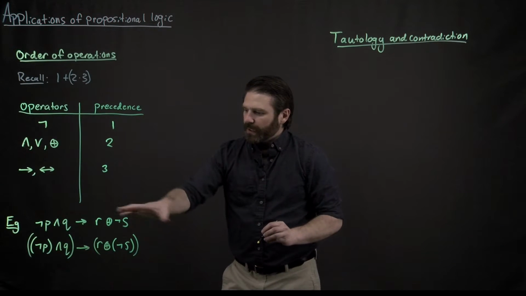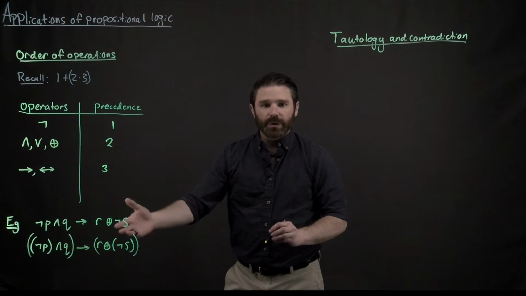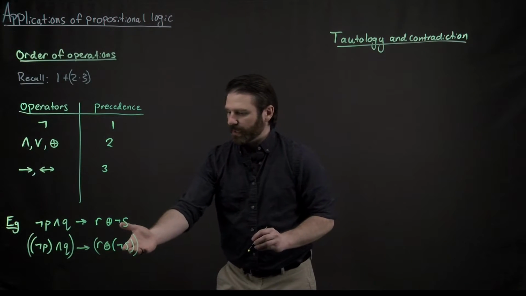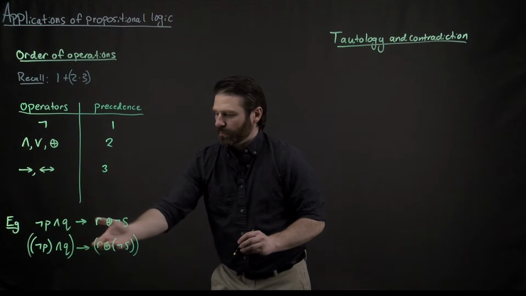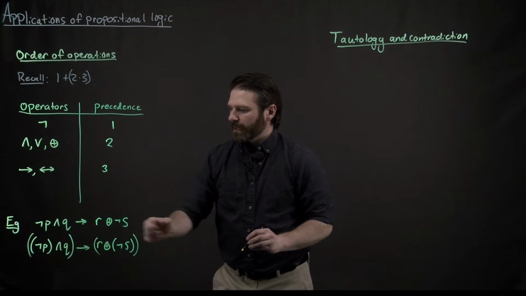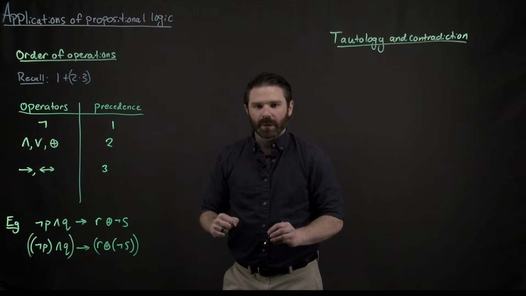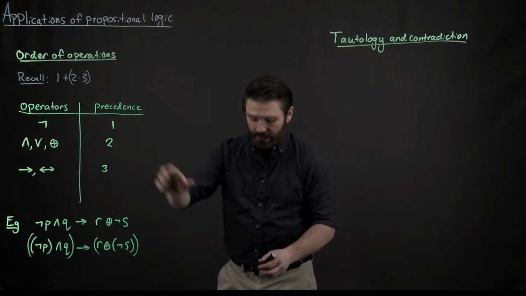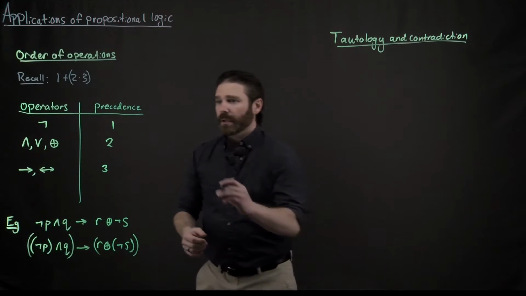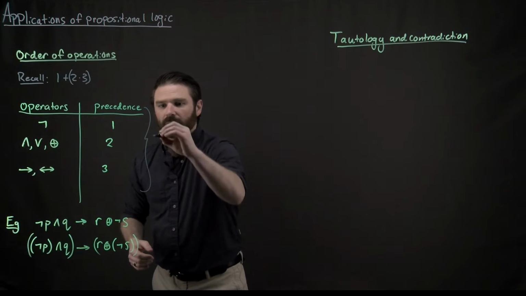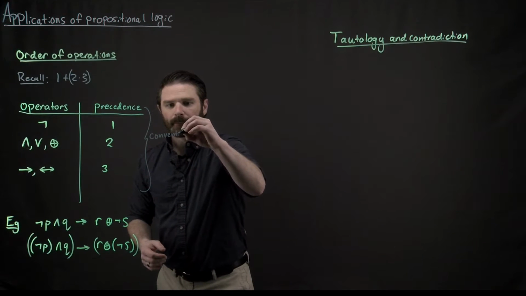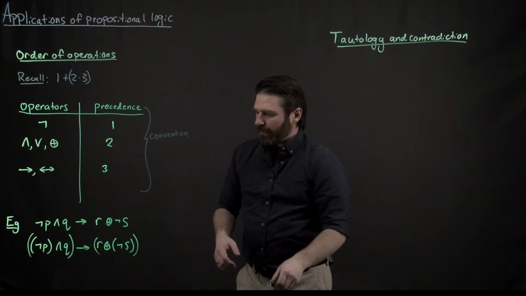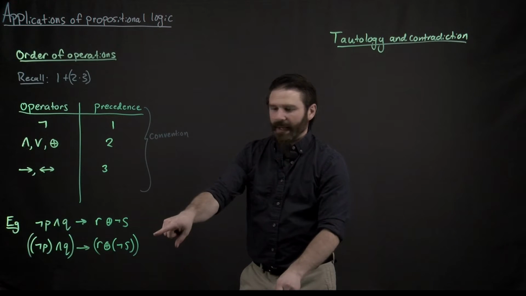So these brackets right here demonstrate the order in which you would evaluate these things. You would do the nots first, then the ands, ors, XORs, and then after that, our implication. And so basically this right here is simply a convention, that way we don't have to write a ton of brackets.